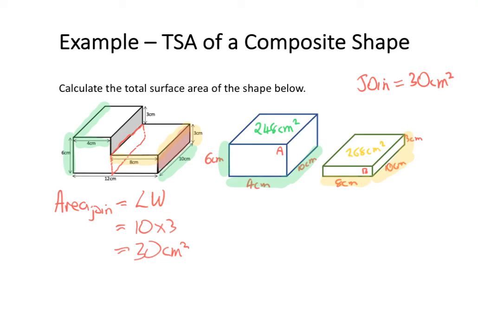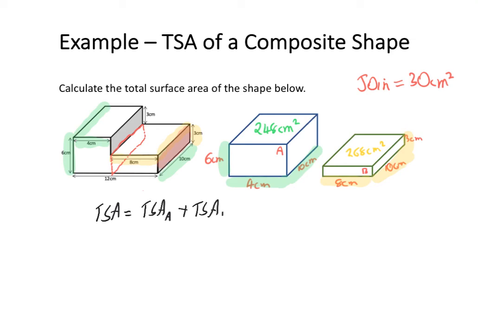So now we have all the information to calculate the final total surface area of the composite shape. So to calculate the total surface area of that composite shape, it's going to be the total surface area of the rectangular prism A plus the total surface area of rectangular prism B. And then we want to subtract our join. Now our join is part of shape A and shape B. So we've got to subtract it from shape A, and then we're going to need to subtract it from shape B as well.